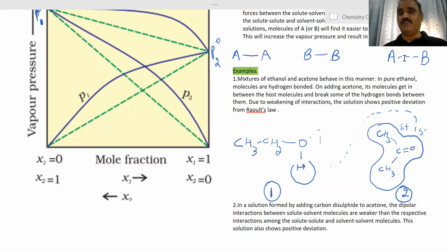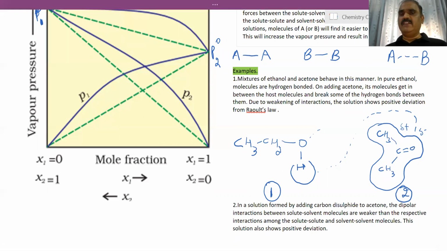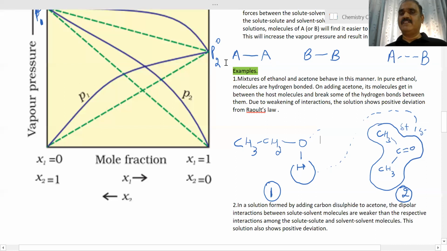Because when these were separate, they were held by stronger forces. They were sitting close to each other, occupying some volume. But when A and B are mixed together, they are held less strongly.